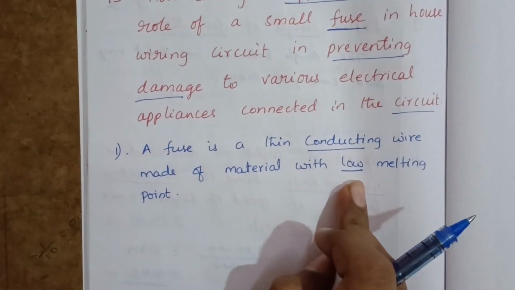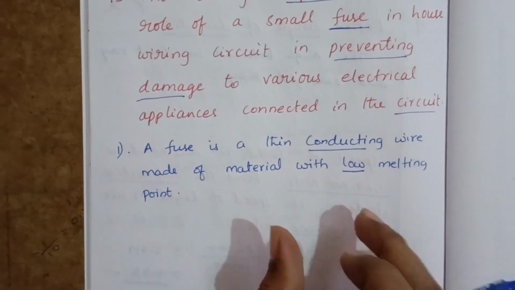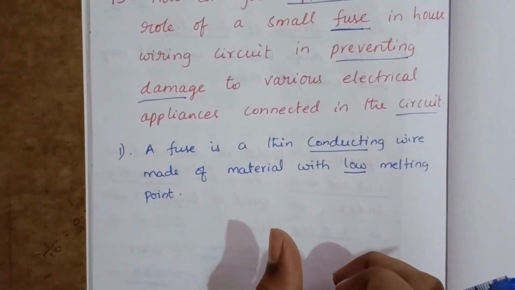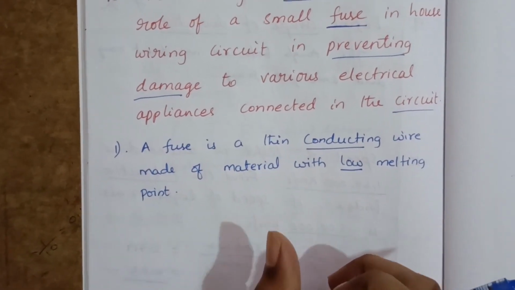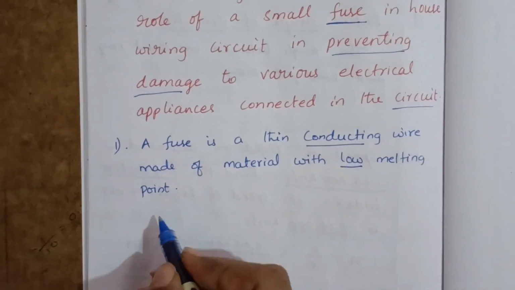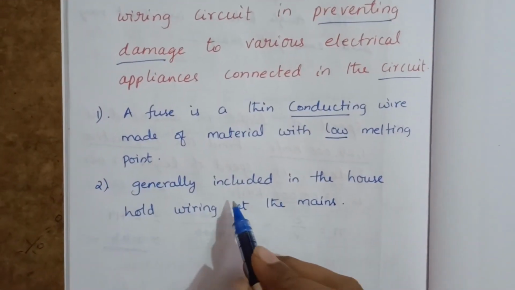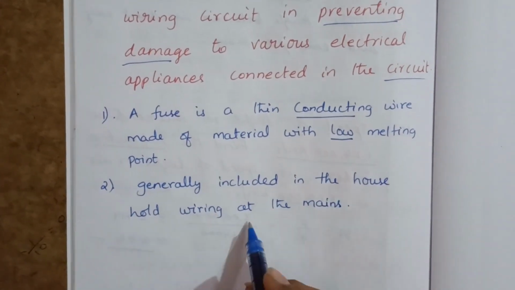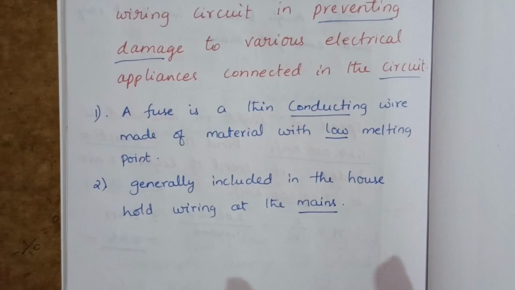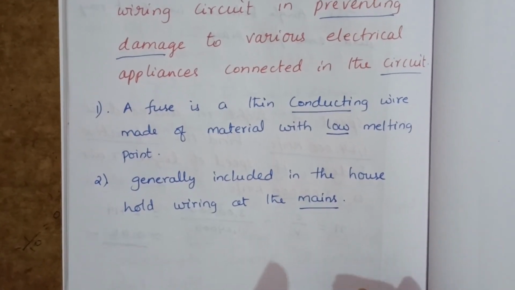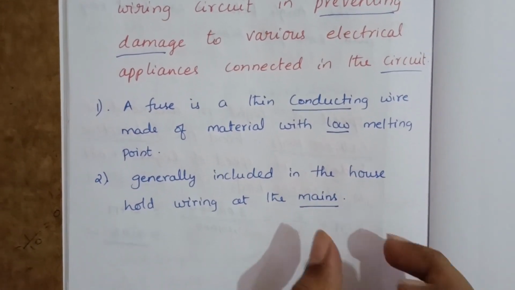It should melt quickly. Generally it is included in household wiring at the mains. Whenever current enters the main power supply, the fuse will be connected.